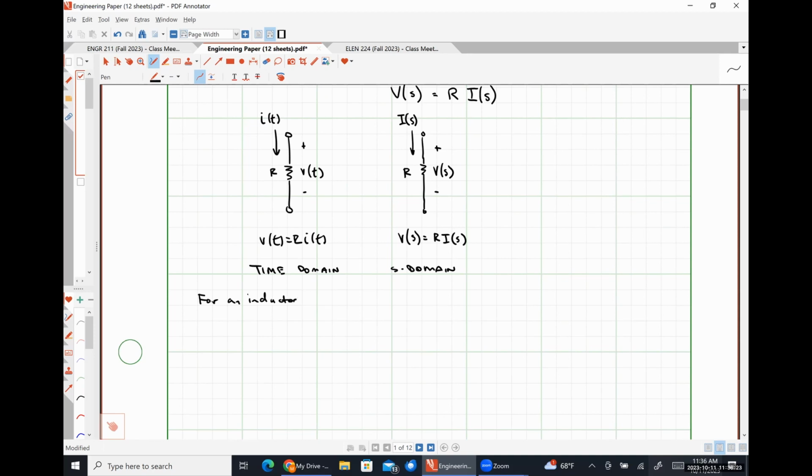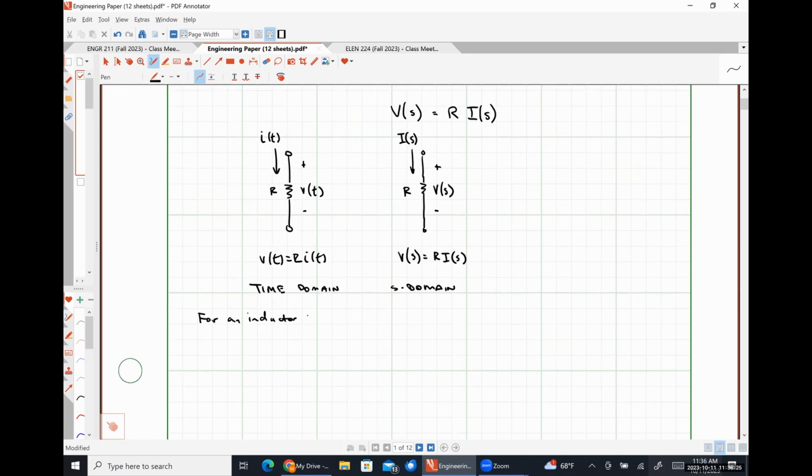All right, so now for some inductor L. Mathematically, our time domain representation is V is equal to L di by dt, right? So what's this going to look like in the Laplace domain or in the S domain?